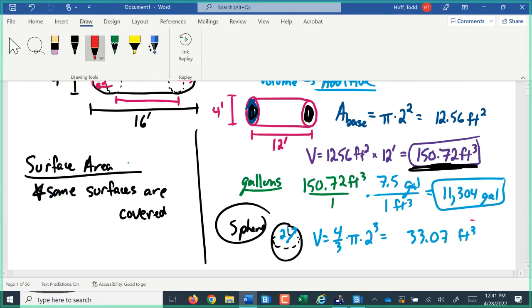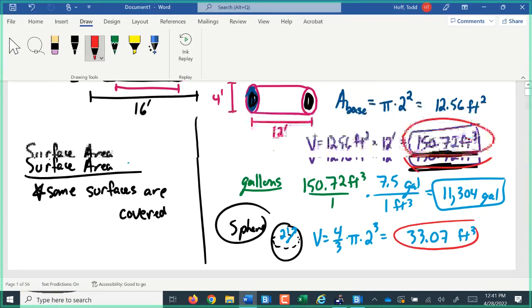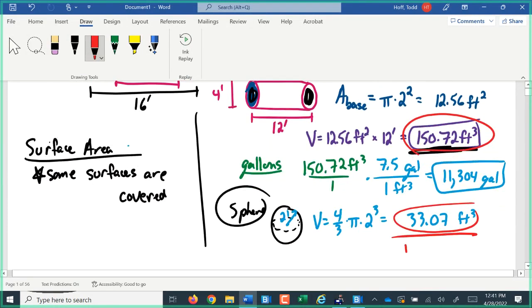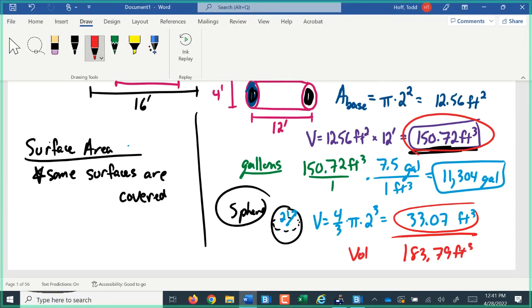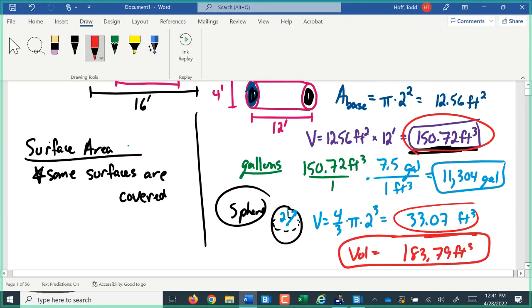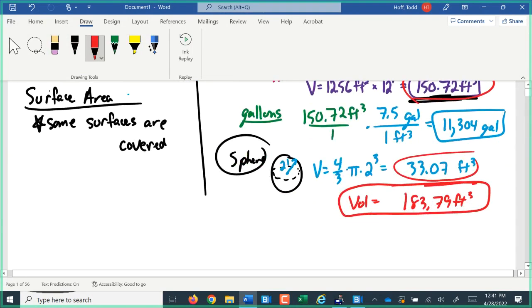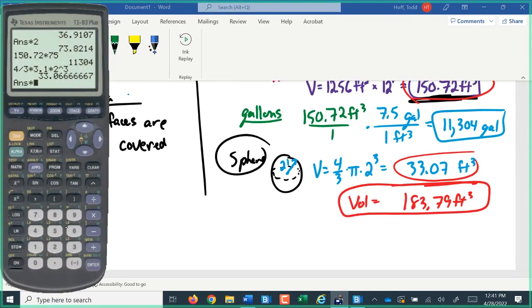So I will combine that with this to get a total of 183.79 cubic feet. I'll convert that into gallons so we get the full gallons for this.